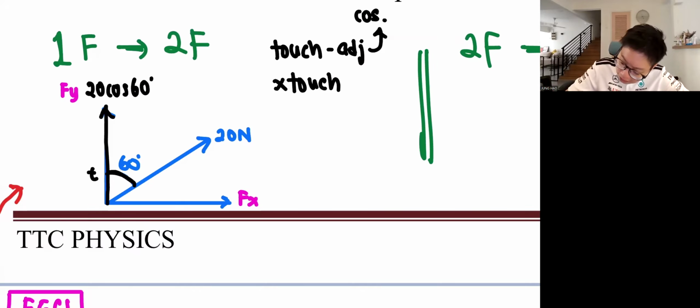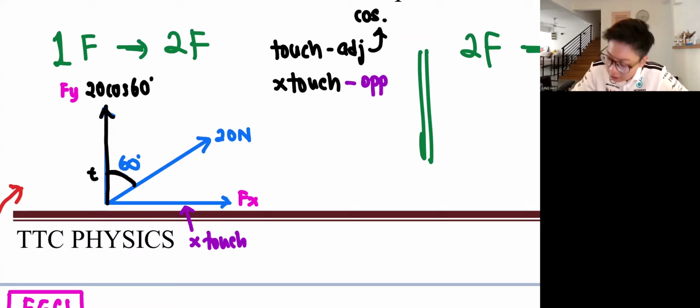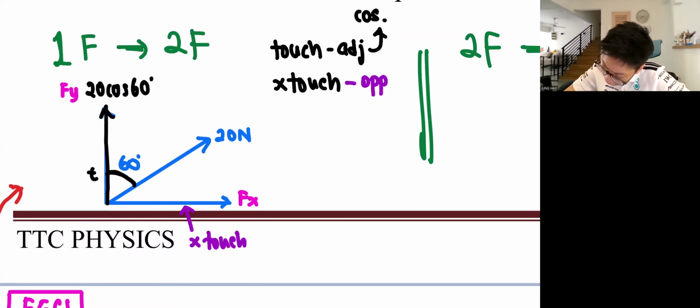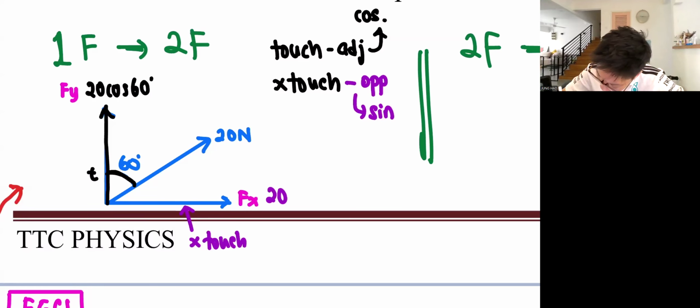If you look at this horizontal line, it is not touching the angle. If it's not touching the angle, we call it the opposite line because it is located on the other side. If it is the opposite line, then we call this the sine line. So my Fx is equal to 20 sin 60.